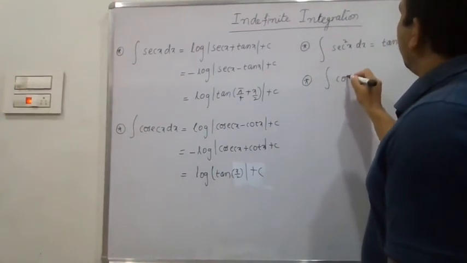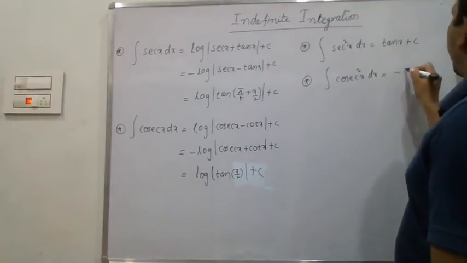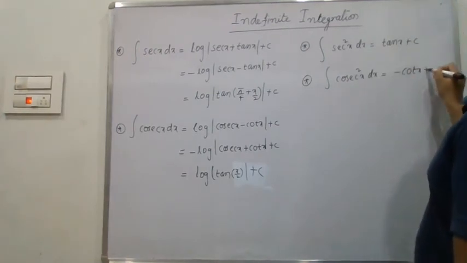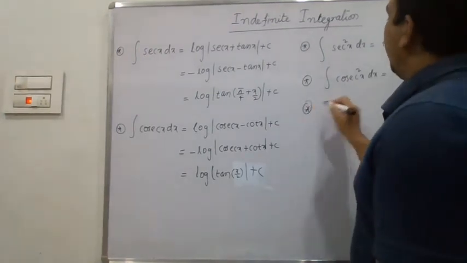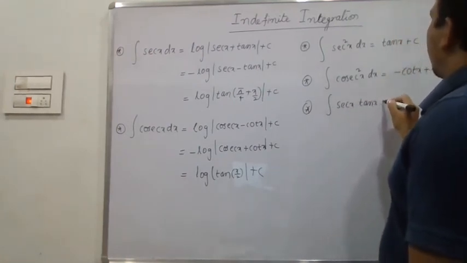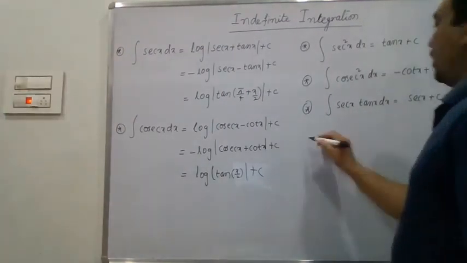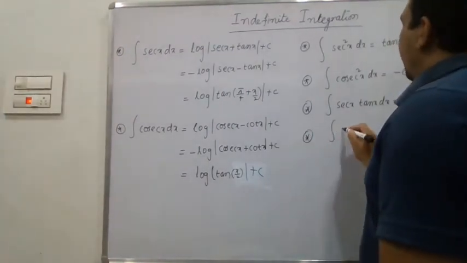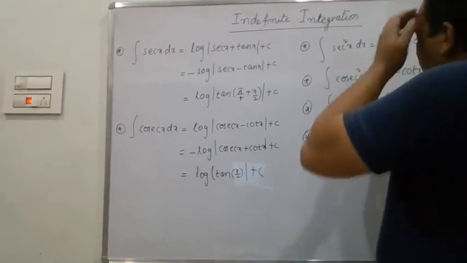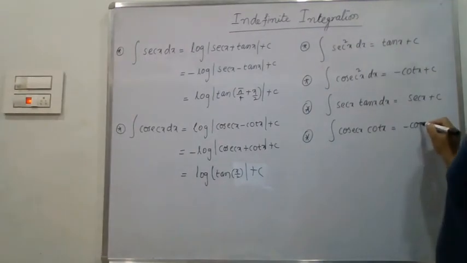Integration of cosecant square x dx is equal to minus cot x plus c. Integration of secant x into tan x dx is equal to secant x plus c, and integration of cosecant x into cot x is equal to minus cosecant x plus c.